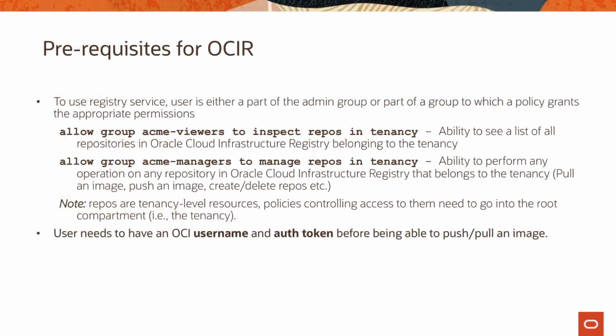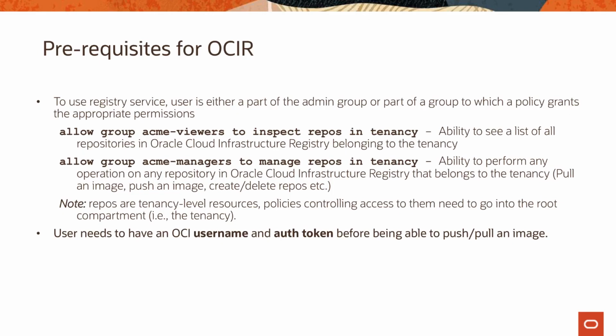So before we actually go on and create a repo, there are a couple of prerequisites that you need to do before you start using OCIR registry service. Since we talked in the first video as well, OCI registry service is running on OCI and is integrated with the identity and access management service of OCI.